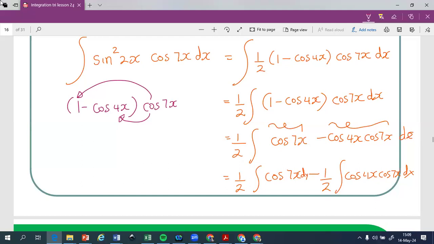Yeah, it is now the easiest, reason being that these two angles are different. If the angles were the same, we could use another approach. If the angles were the same, we could just use the change of variables. It could work.